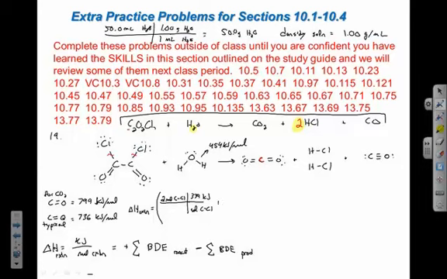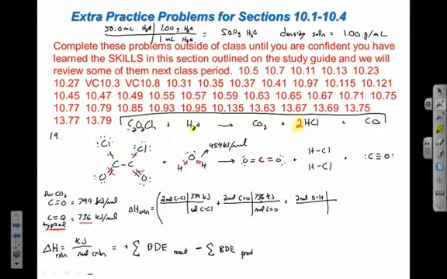I've got to break the carbon-oxygen double bonds here. And a typical carbon-oxygen double bond is 736. So I've got 2 moles of that I've got to break. And each one of those is 736 kilojoules per mole of CO. I've also got to break 2 OH bonds. 2 moles of OH.